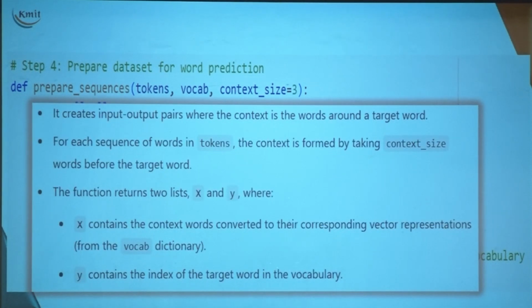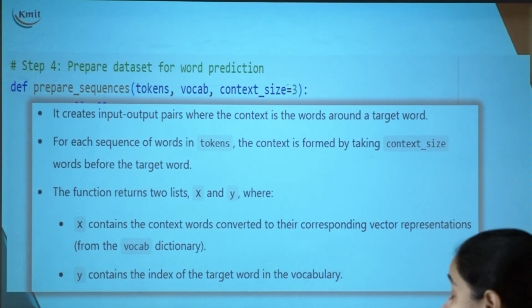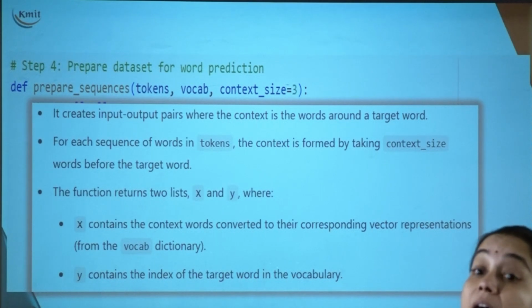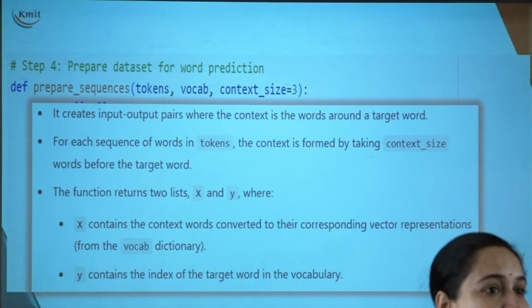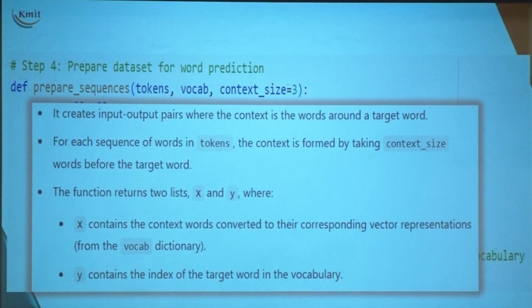Now, there will be 2 things that this method I am building will return. There will be 2 lists. The first list is named X, and the second list I have named Y. The X list will convert all the context words into their vector representation, and the Y list will contain the index of the target word. So now understand what we are building. It's like a table.